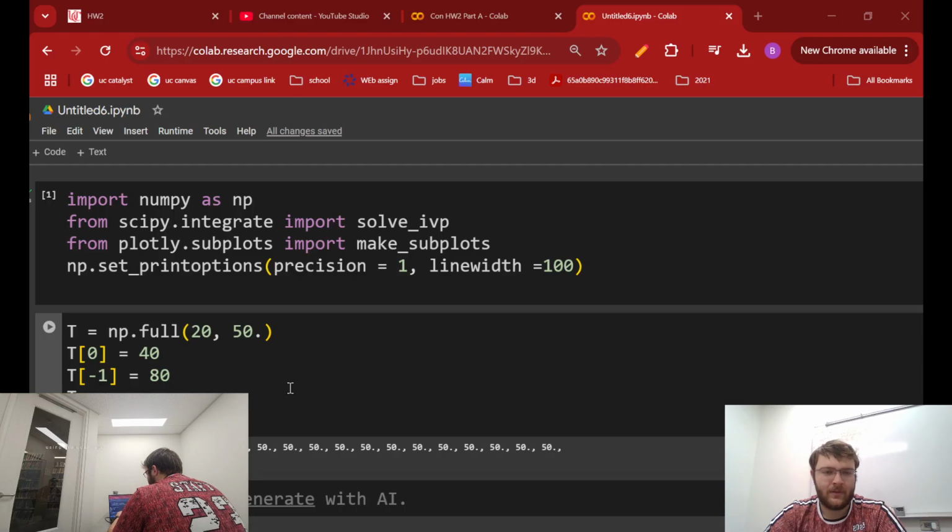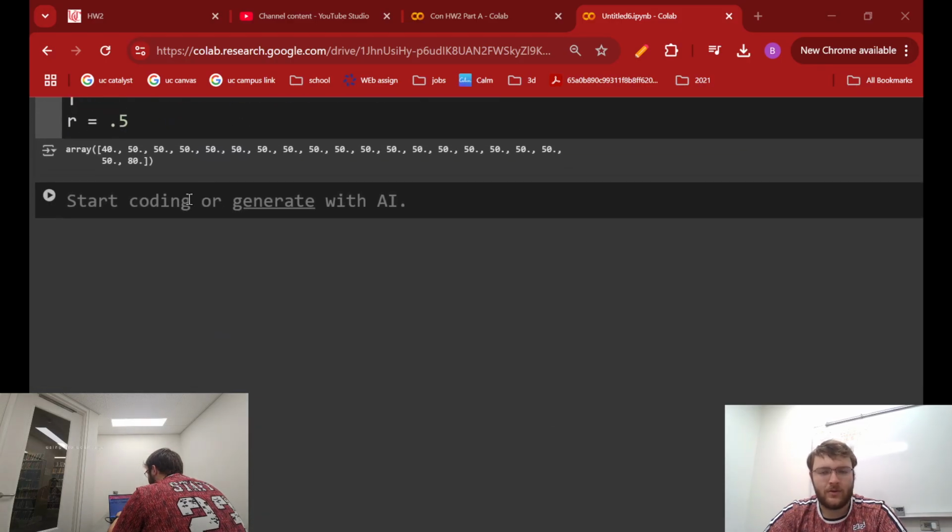What's it called? Subplot. So in order to do that, we'll do it just like we have in the past by making a figure. And then we will add a scatter plot.